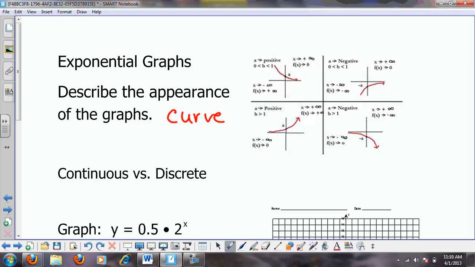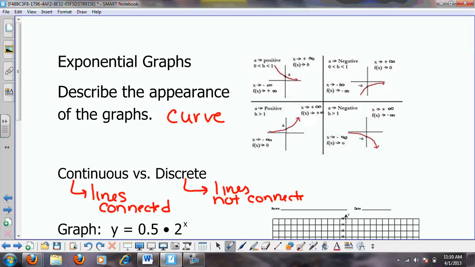We need to remember from our past experiences, continuous versus discrete data. Continuous data, lines are connected. Discrete data, lines are not. You need to be able to know, should your graph show continuous data or discrete?